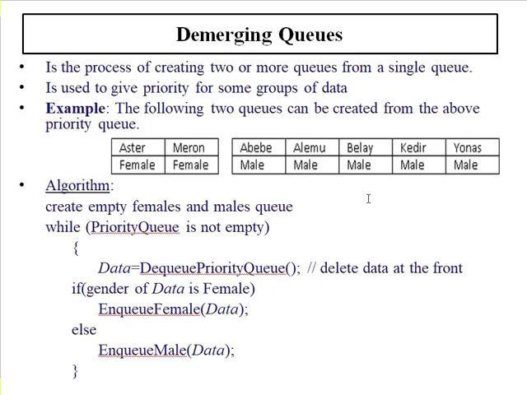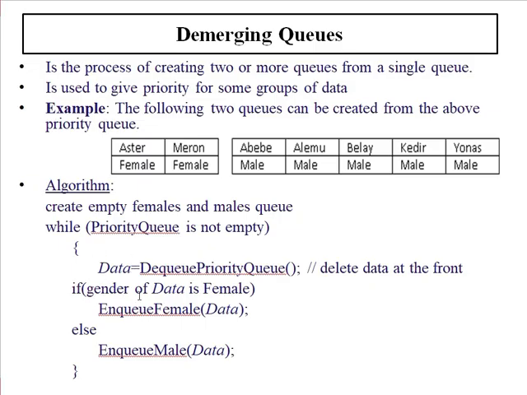So for our case, since we have a priority with two categories, we can create two empty queues. Then we remove an element from the priority queue and check its priority type. So we dequeue from the original priority queue, then the removed data will be checked.